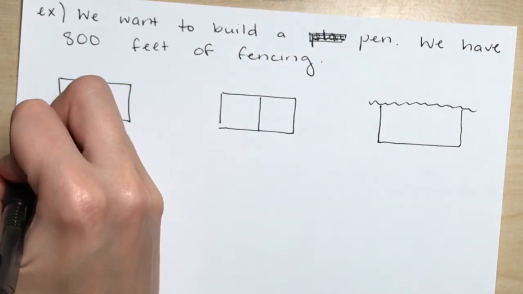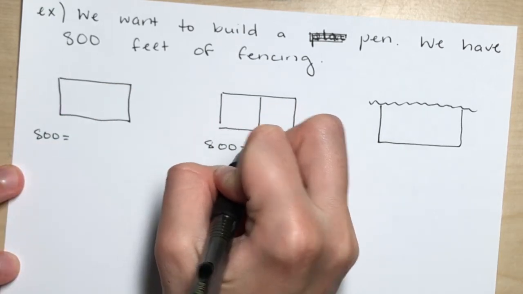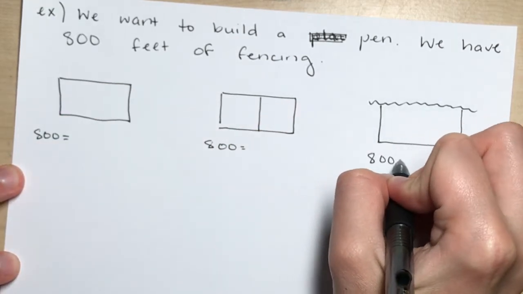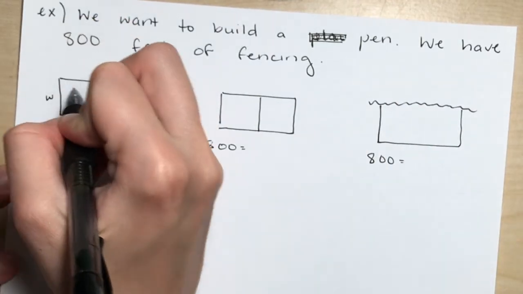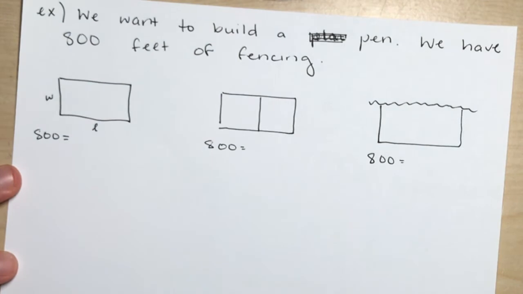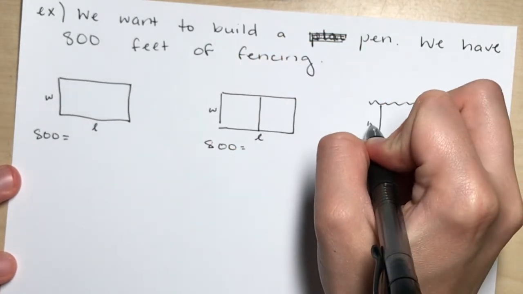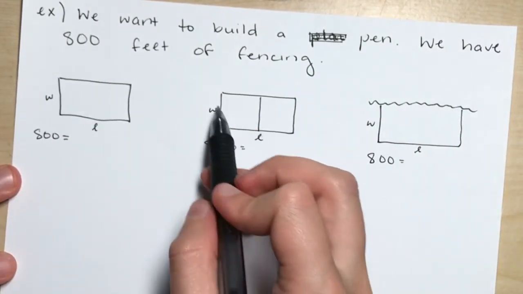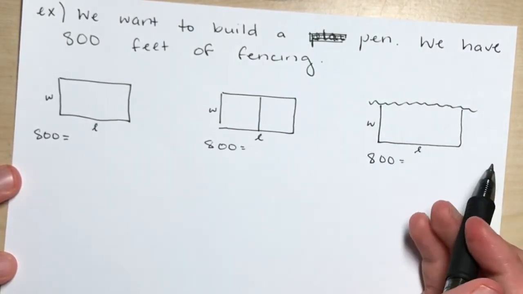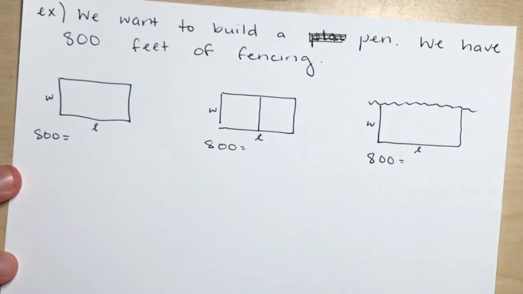Well, here, for each of these, we know that we have 800, so our total amount of fencing needs to be 800 equals something else. Let's say we've got width and length for each. They may not necessarily be equal in each case, but we're just going to try and write it different ways.